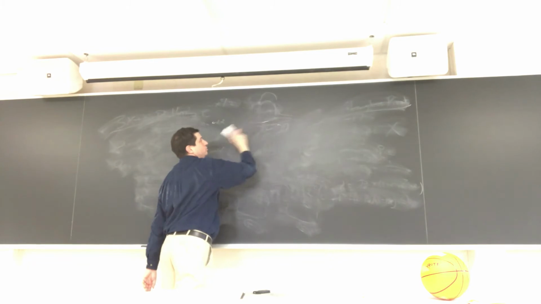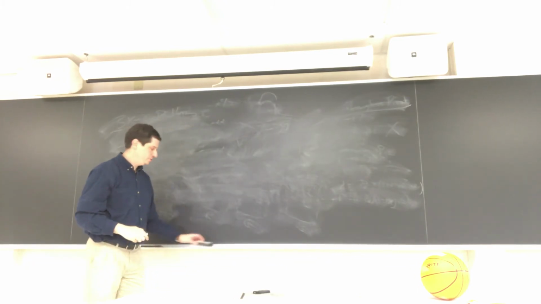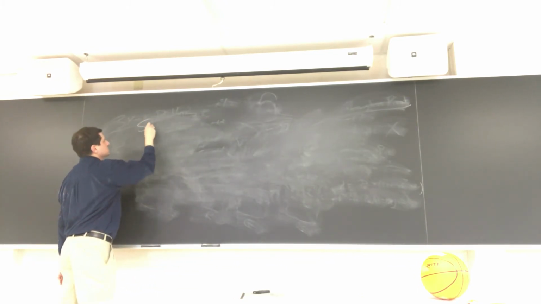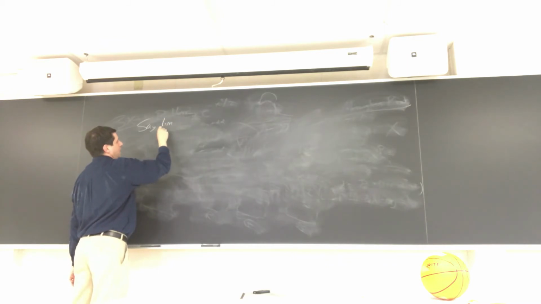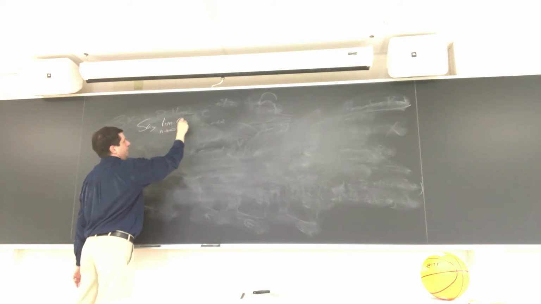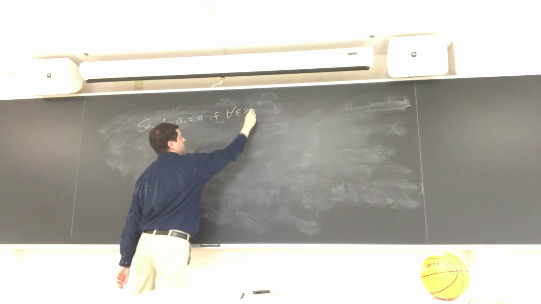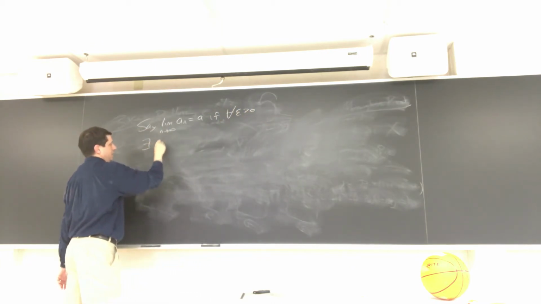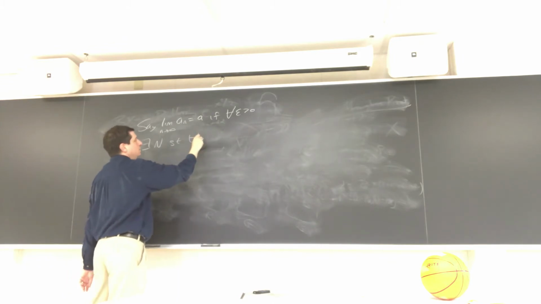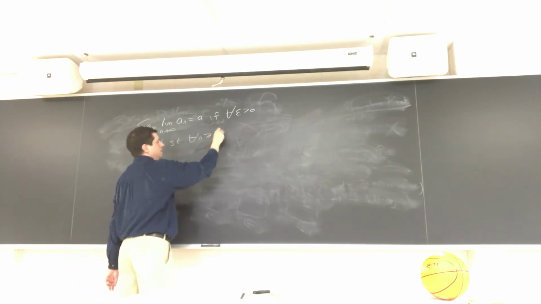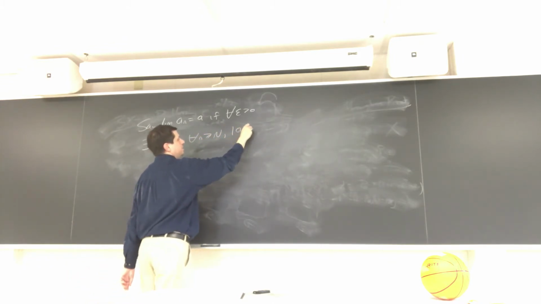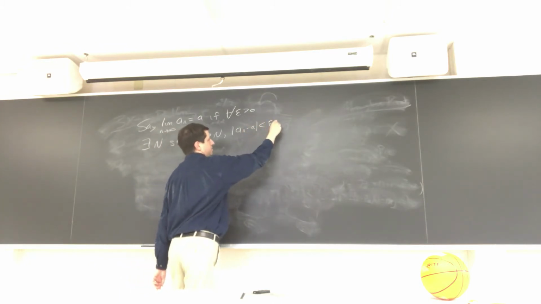We saw limits when we were doing multivariable calculus, when we were talking about continuity. So we say the limit as n goes to infinity of a_n equals a if for any epsilon greater than 0, there exists an N such that for all n greater than or equal to N, the absolute value of a_n minus a is less than epsilon.